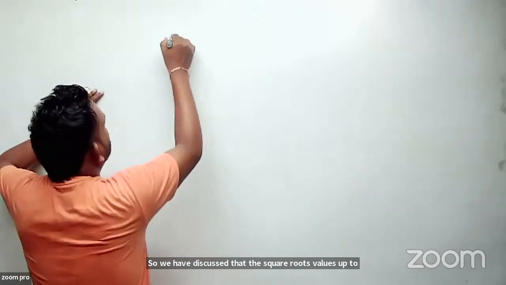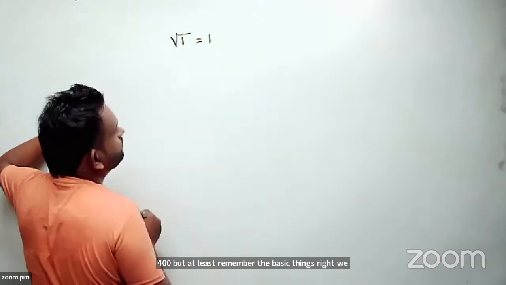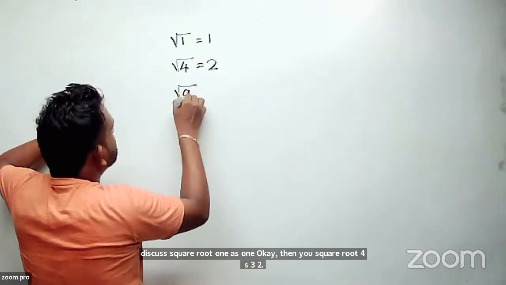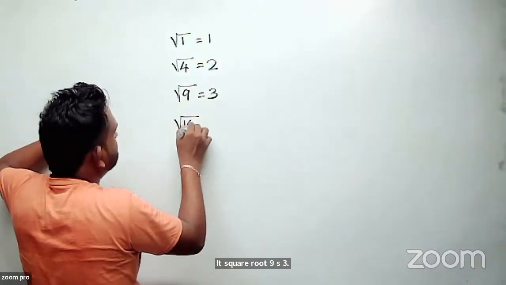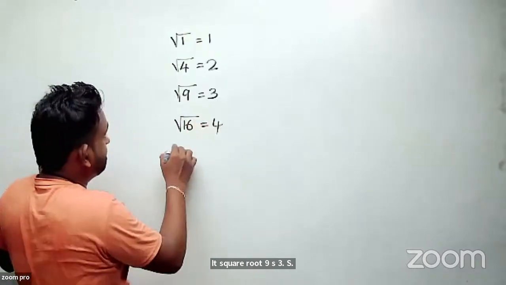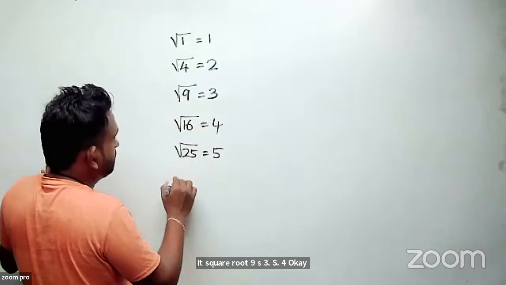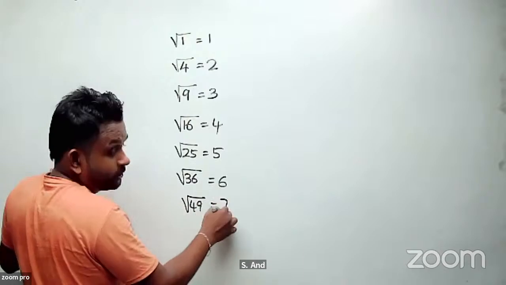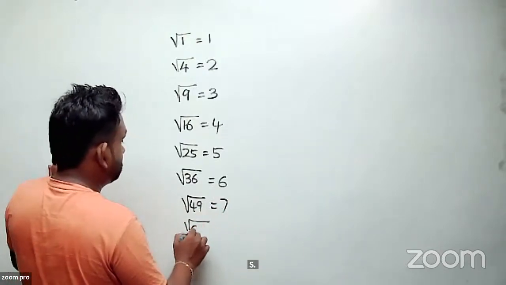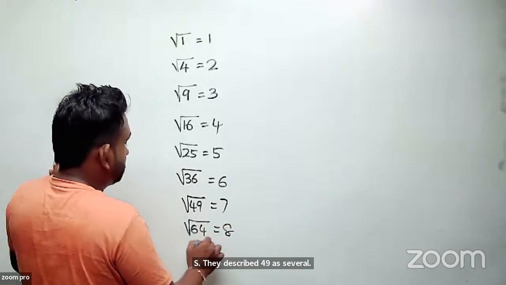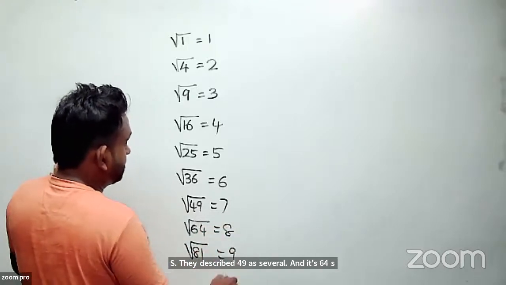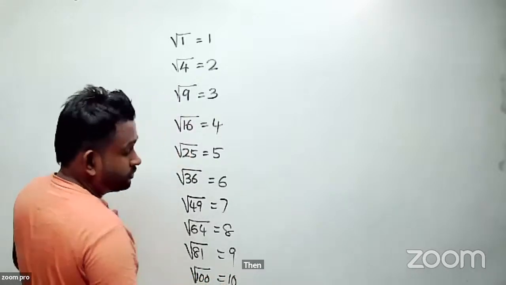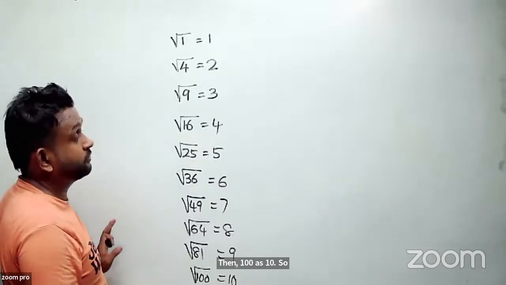Square root 1 is 1, square root 4 is 2, square root 9 is 3, square root 16 is 4, square root 25 is 5, square root 36 is 6, square root 49 is 7, square root 64 is 8, square root 81 is 9, square root 100 is 10. Remember these square root values.